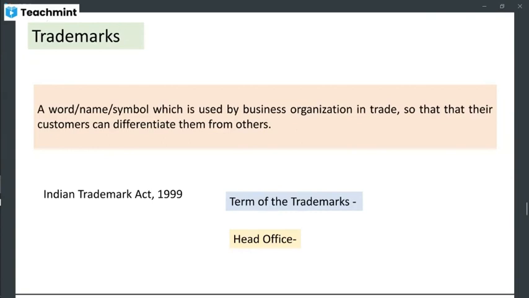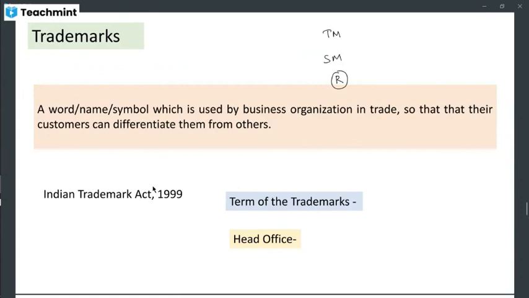So it helps in trade across the globe. These trademarks are also a legal form of protection given by the government agency. In India, the Indian Trademark Act was passed in 1999, and according to this we give trademarks. There are different trademarks. There will be a company name, and at the top there will be TM, or SM, or a symbol like this.